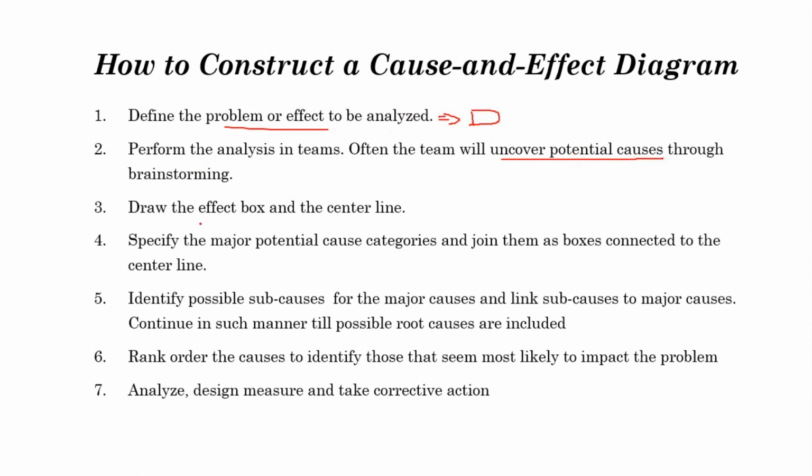Then you draw the effect box. We'll look at this later on. Then you identify major causes. Then you go on for possible causes. And then you order the causes to identify those that seem most likely to impact the problem. Then again, lastly, you would analyze, design, measure, and take corrective action.